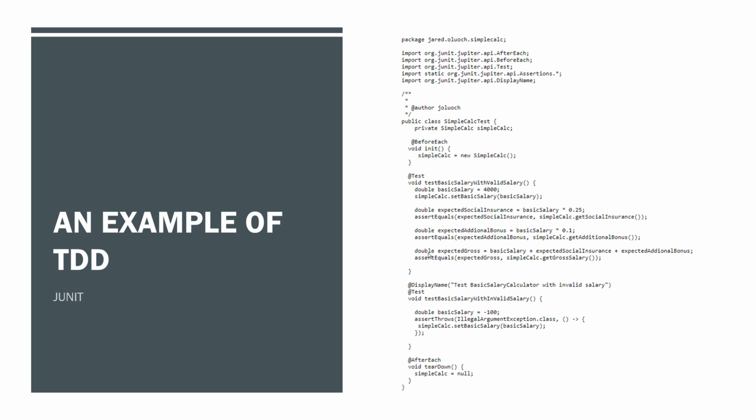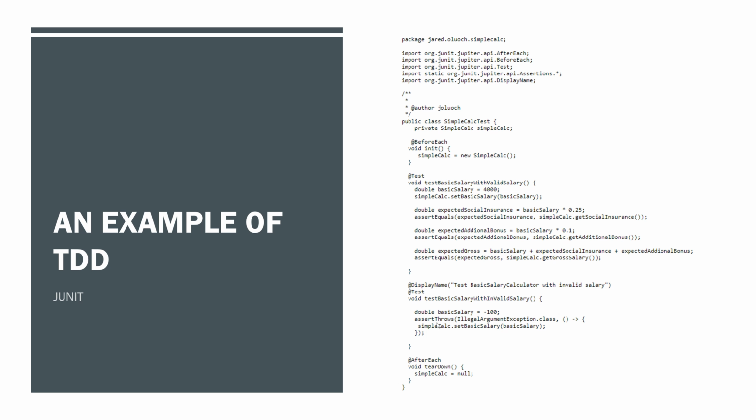Moving on to a scenario where we will have an invalid answer. So this one we're doing test basic, a void method that tests the basic salary with invalid salary. We have a basic salary set to -100, and in the back of the code we have it so that if the value is less than 0, then it'll throw an illegal argument exception. So here we're showing assert throws, which comes through that JUnit.